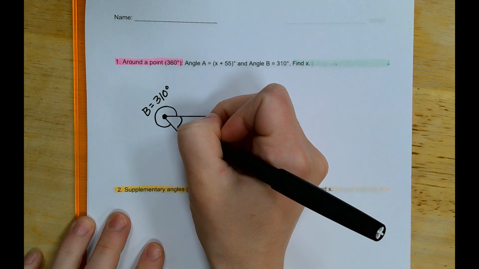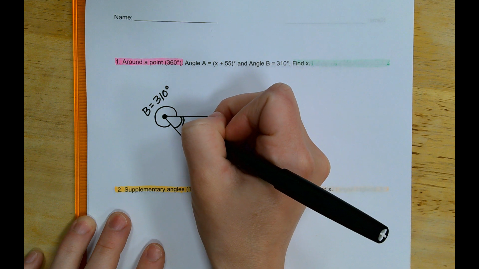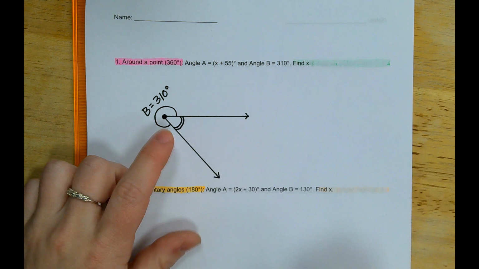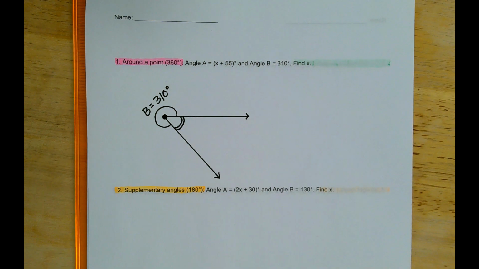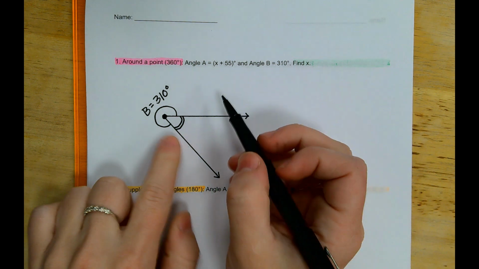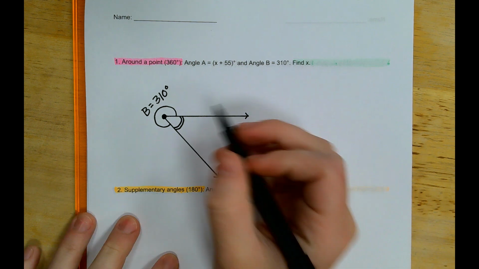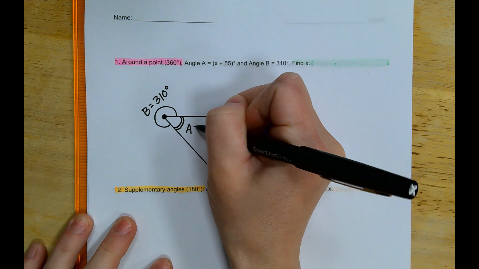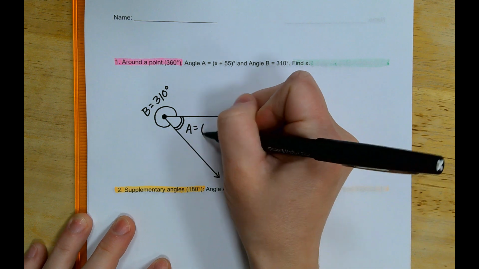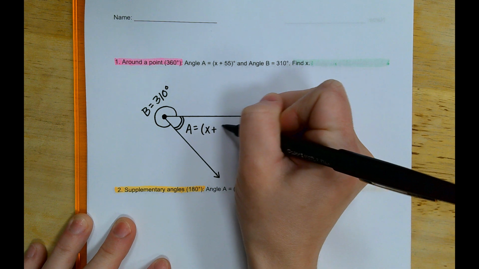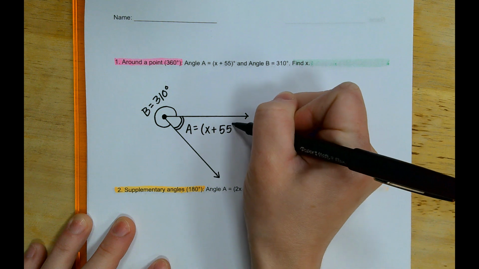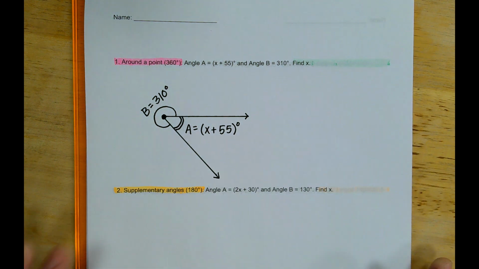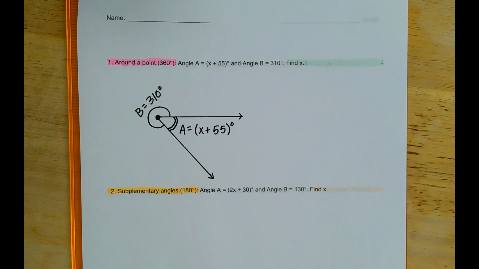And then I'm going to put 2 arcs in the smaller angle just so I know that these angles are pretty obviously not the same. So then we'll call this one A, and that one equals x plus 55 degrees. Okay, we've got a picture.